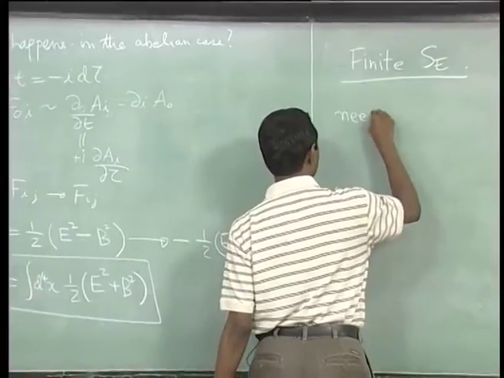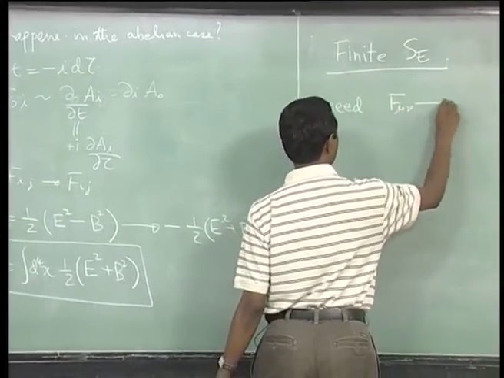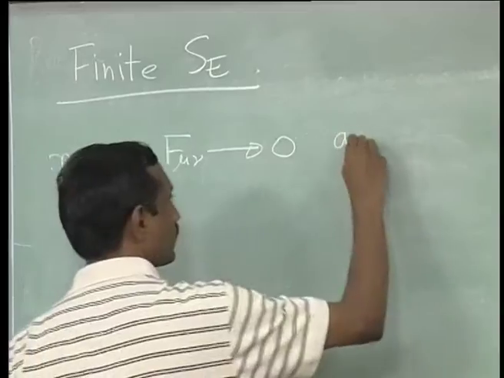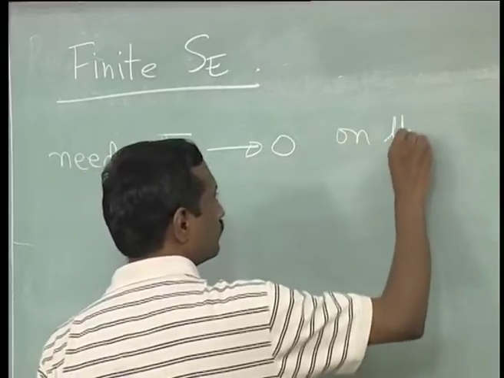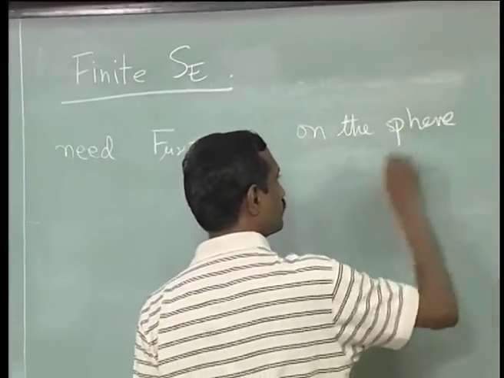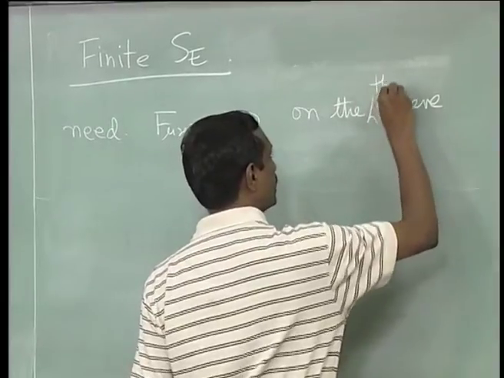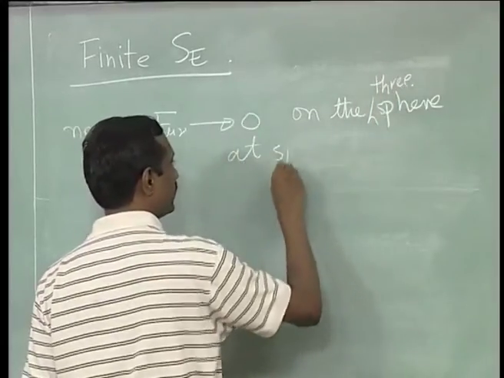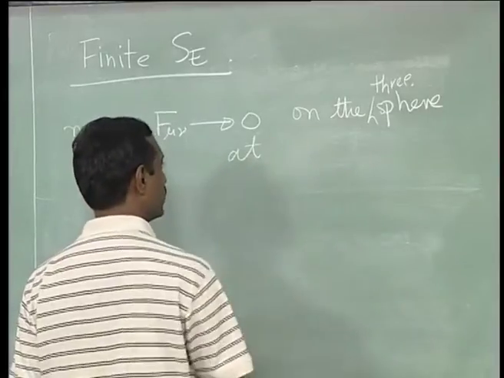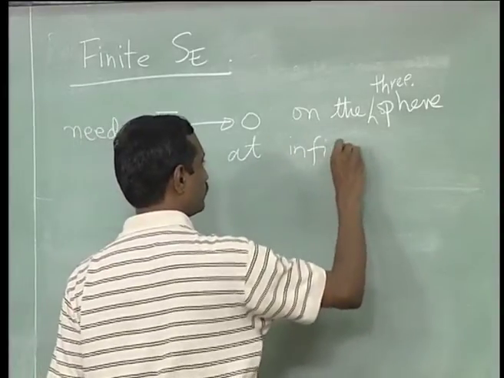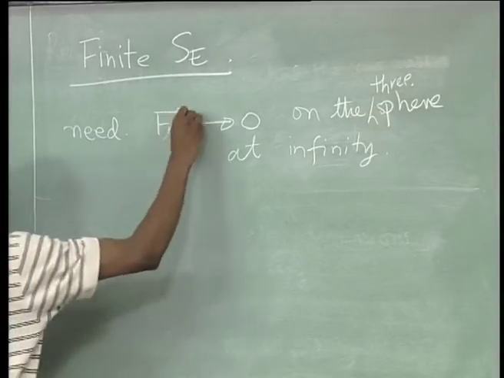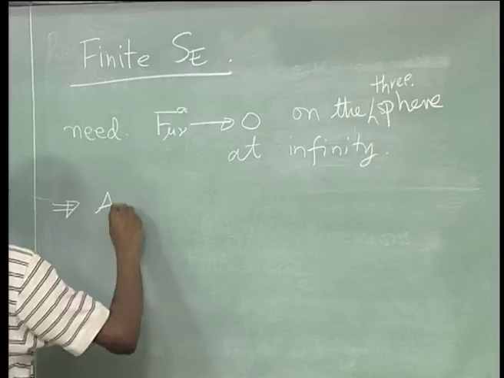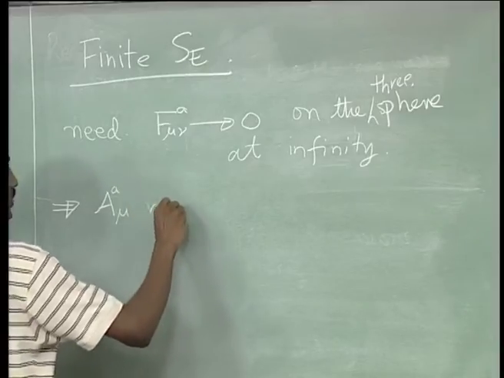The point here is that you need F_mu nu to go to 0 on the 3-sphere at spatial infinity. And we saw that this implies that A_mu must be pure gauge.